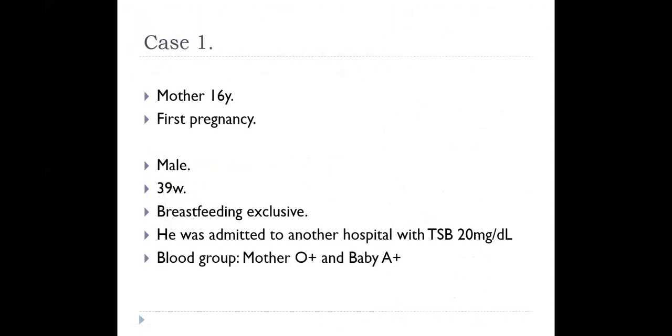Okay, this is a typical case of my hospital. A young mother, 16 years old, first pregnancy, male baby of 39 weeks, exclusive breastfeeding. He was admitted to another hospital with total serum bilirubin of 20 milligrams per deciliter.